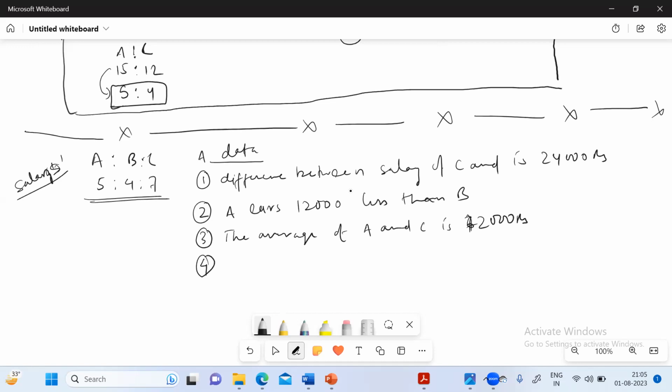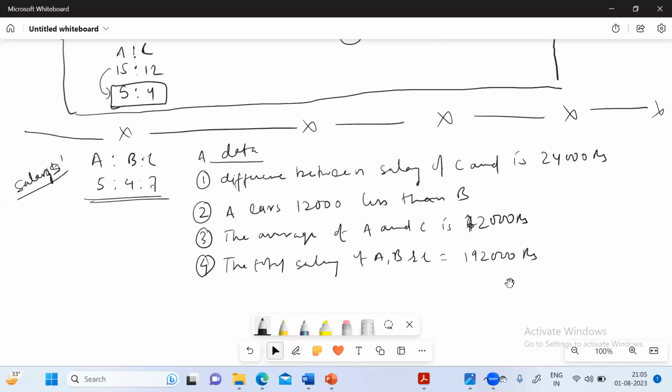And they can also give you the total salary by all three, like the total salary of A, B, and C is 192,000 rupees. So they can give you any statement, and they can give you some other type of statement also.